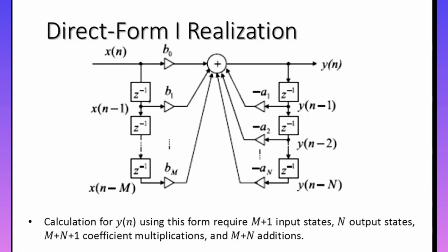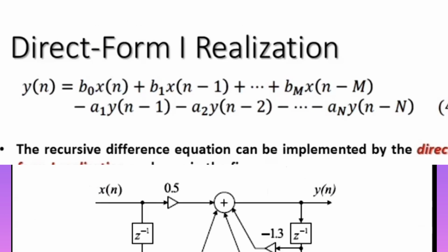The calculation of y(n) using this form will require m plus 1 input states and n output states. Therefore you require m plus n plus 1 coefficient multiplications and m plus n additions. How many additions are required? 1, 2, 3.